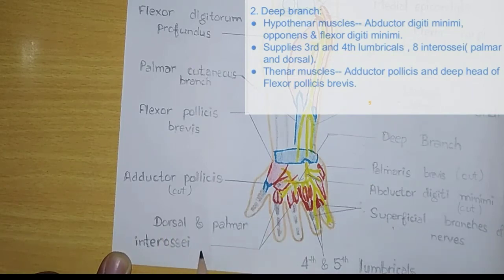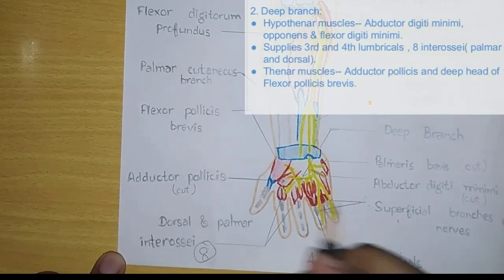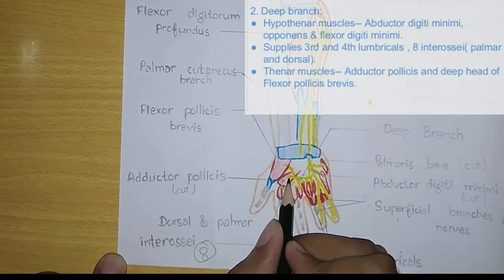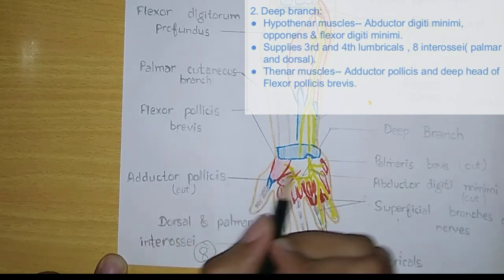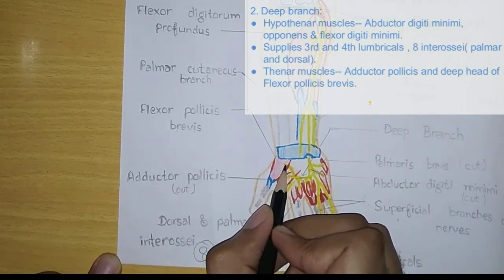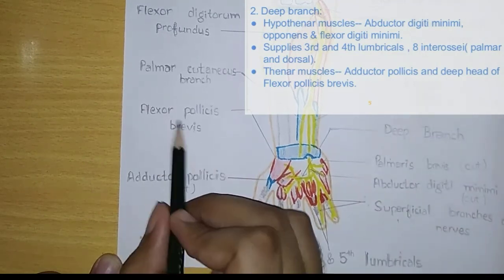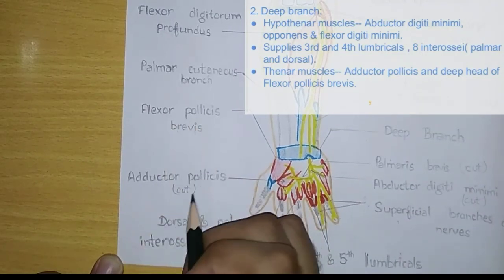So basically it gives branches to all of the 8 interosseous muscles, and then it runs more laterally and then gives supply to the adductor pollicis, and then finally it ends and gives final supply to the flexor pollicis brevis.